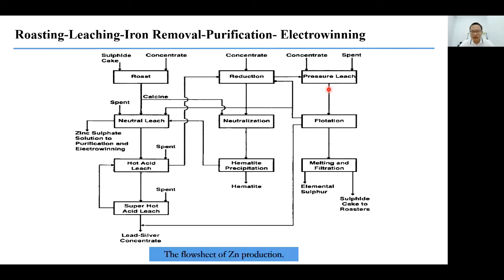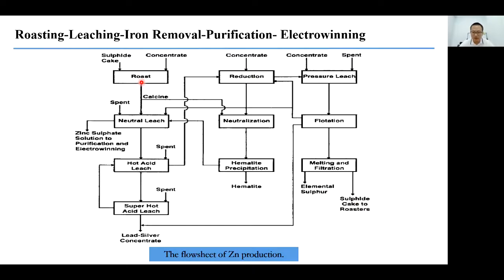They can be directly used in treating the zinc sulfide with the help of spent electrolyte. So we can recover the zinc in this route as well. But the application of this technology is limited in the world, and this is the dominant one. So we are mainly focusing on this part.